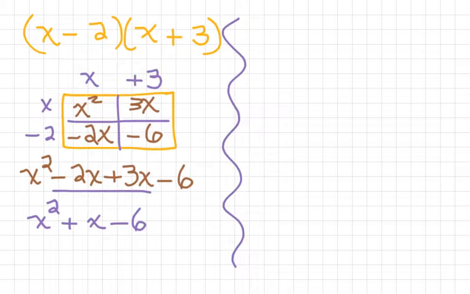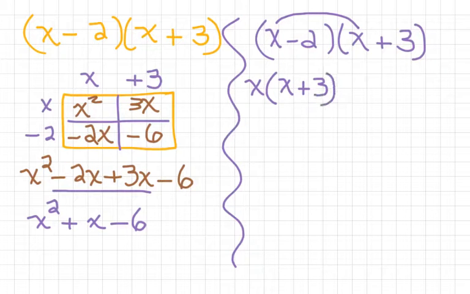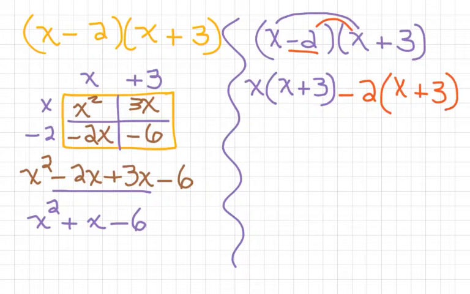If you wanted to use distribution, x minus 2 times x plus 3, I would start with the rainbow of distributing out x times the quantity of x plus 3. This time I'm going to pay close attention to that minus 2. So I'm going to go minus 2 times the quantity of x plus 3. Using distribution, therefore, x times x is x squared.